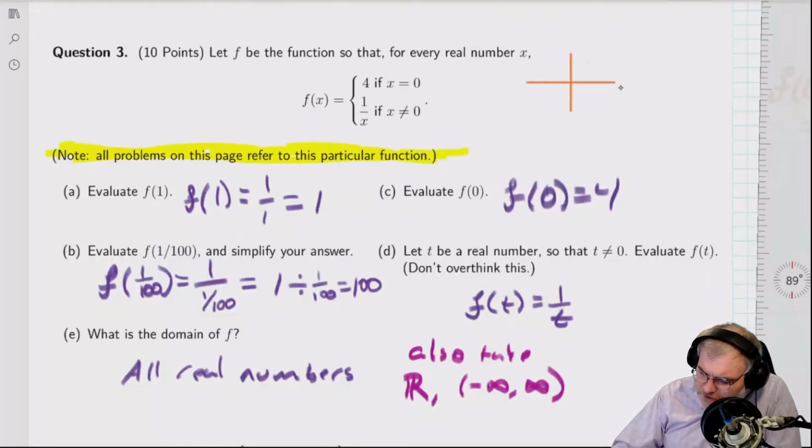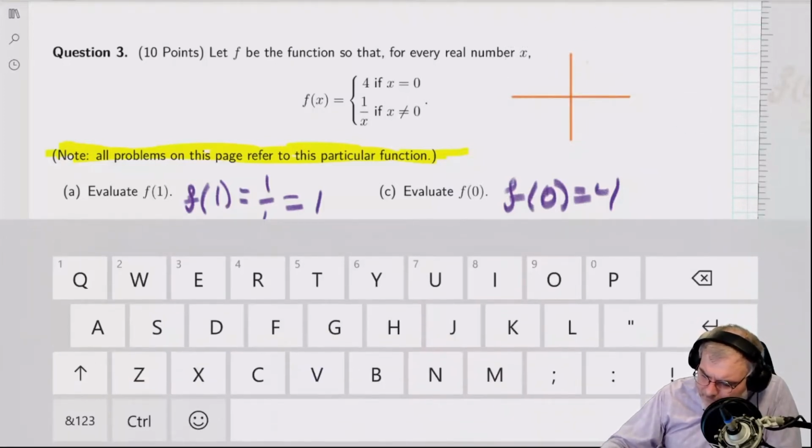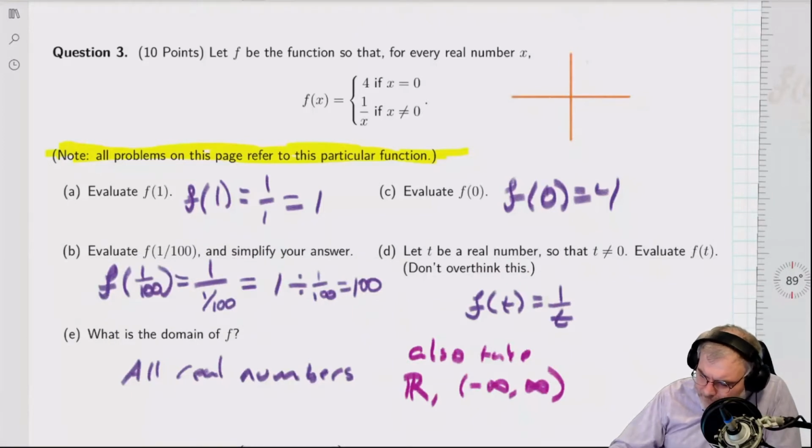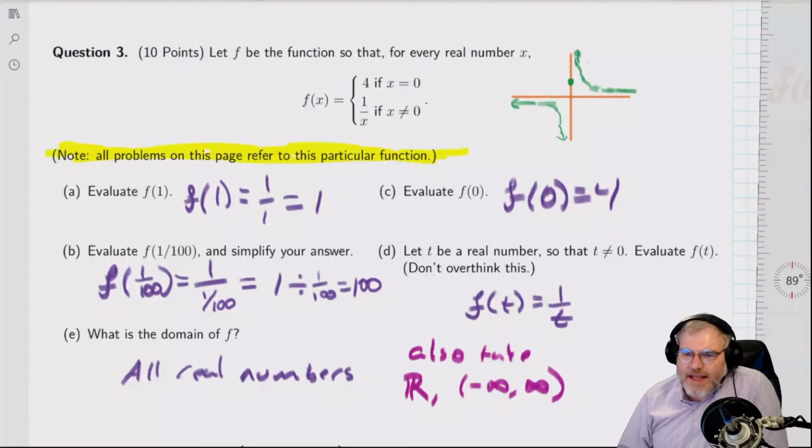If we drew this function, what would it look like here? Kind of like this. And you kind of have a point there at 0.